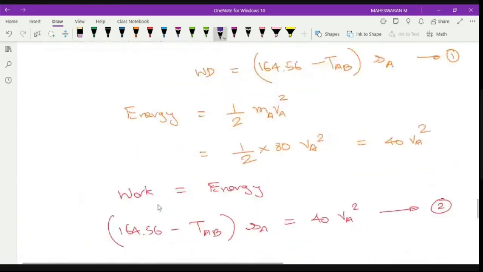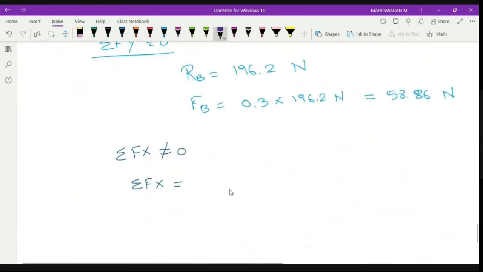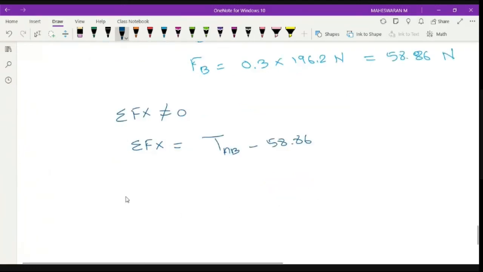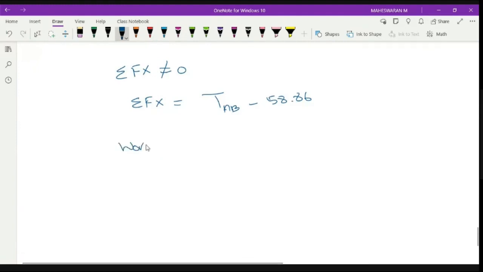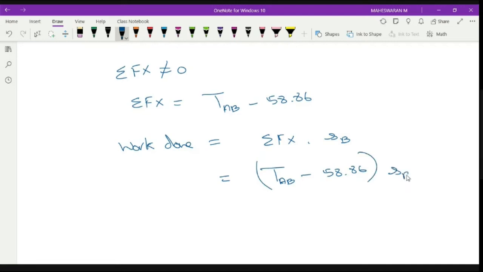So that is TAB minus 58.86. This is my force along your x direction. In that case, I can identify my work done: sigma Fx into S. SB now, because we are concentrating on block B. So TAB minus 58.86 into SB. This is my work done.